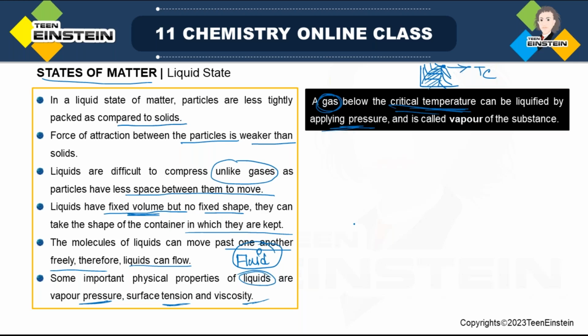Similarly, from liquid bromine or solid iodine, there is some vapor we can observe. It is violet-colored vapor for iodine, and orangish for bromine, so in that case you call it vapor. But for hydrogen, carbon dioxide, nitrogen, all these substances are gases under normal conditions, so you have to call them gas.